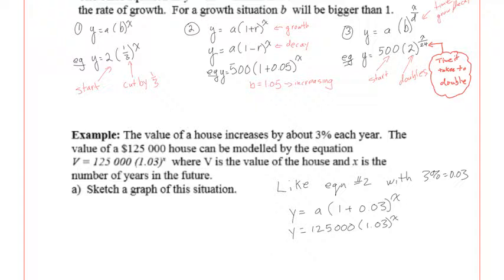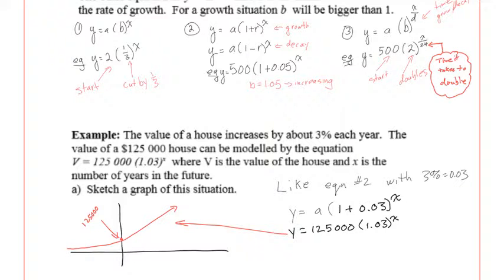So when we sketch the graph of the situation, you'll have an intercept of 125,000 since that represents the start. Because it's increasing, it starts low and ends high with a very swooping curve. Okay, and then we can indicate that that's our basic graph here.